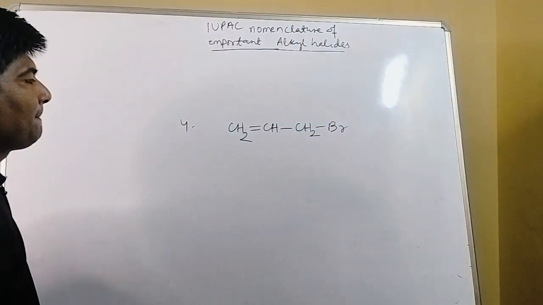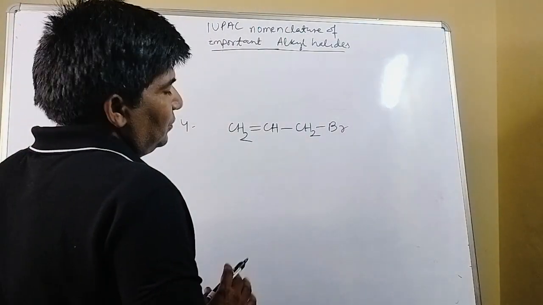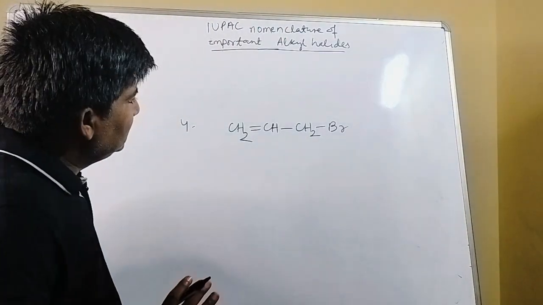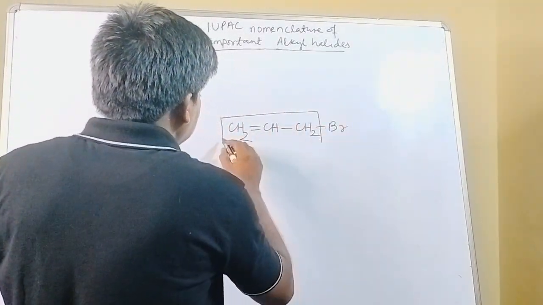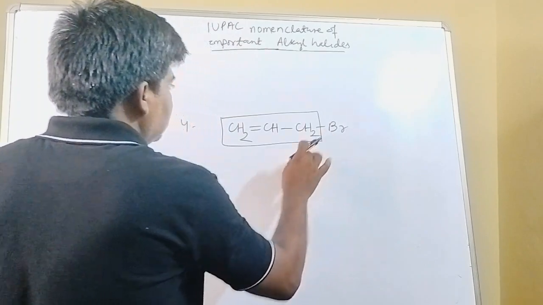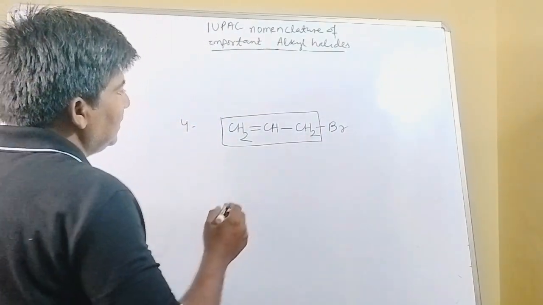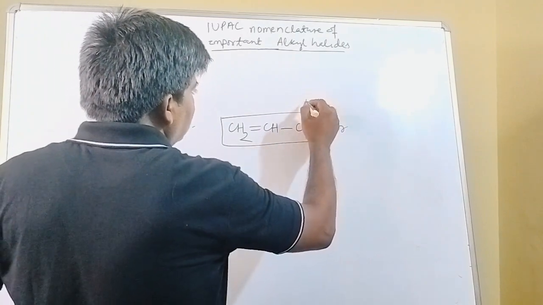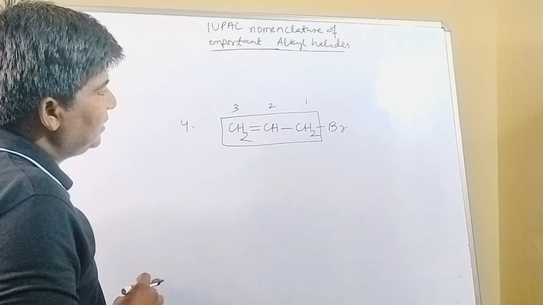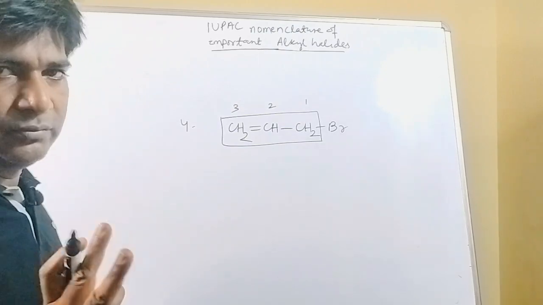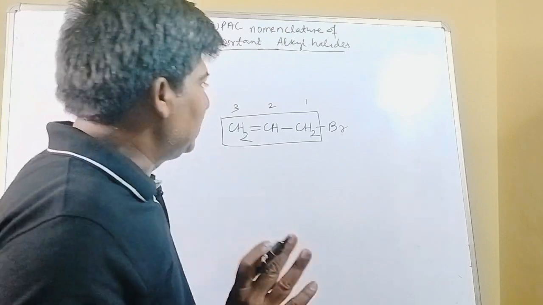So here there is only one substituent, that is bromine, and the principal carbon chain contains 3 carbon atoms. This is a substituted propene, and if we start numbering from right to left like this, the double bond gets locant 2 and bromine gets locant 1.